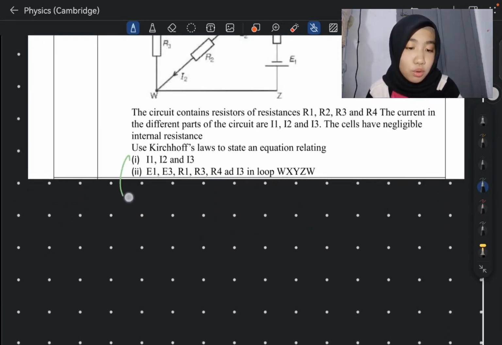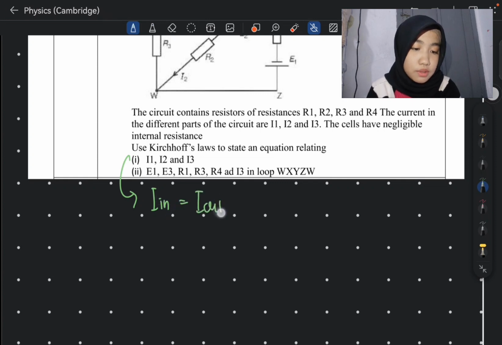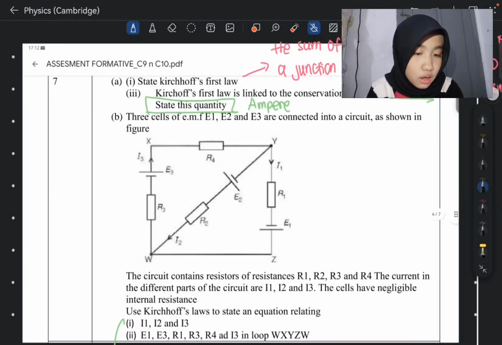Kirchhoff's first law basically just states the current that comes in equals the current that comes out. The junction is here, guys, and let's try to find which one goes into this.